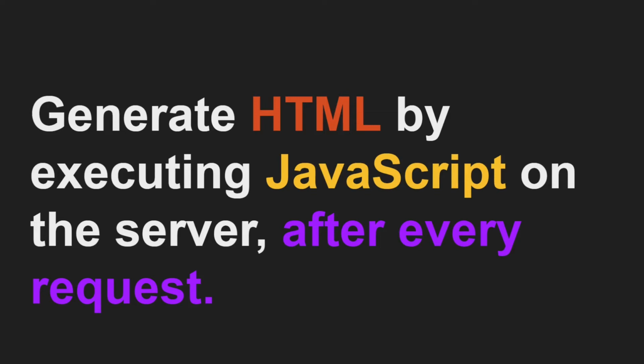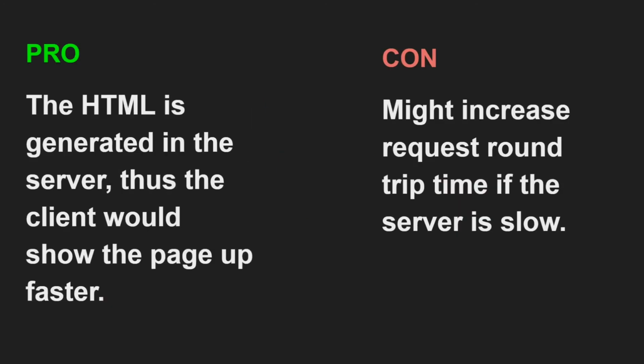So every time we have a request, the program looks into the DB or looks into some API, gets the data and generates the HTML and sends it down to the browser, so the browser just renders it. But the problem is that it might sometimes hurt the performance, the round trip time.